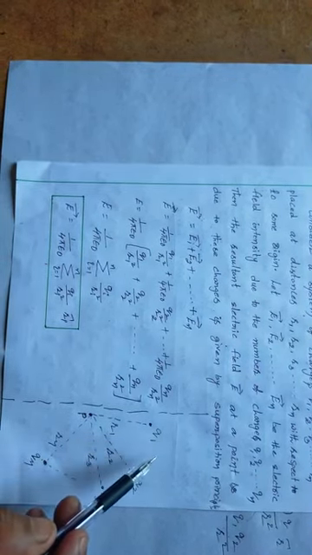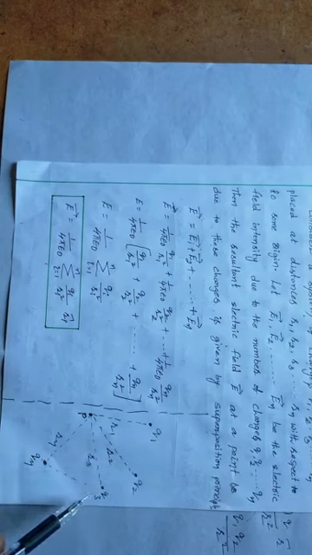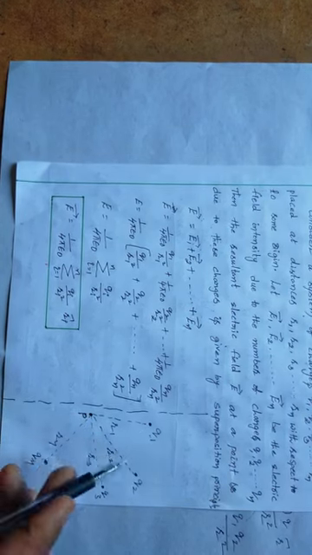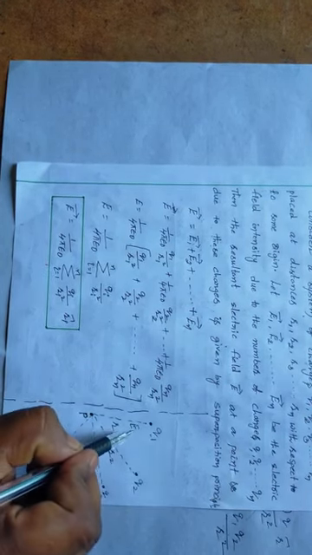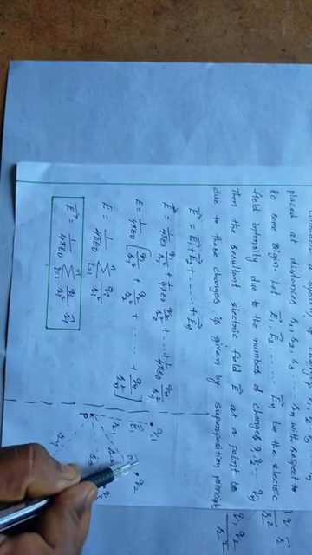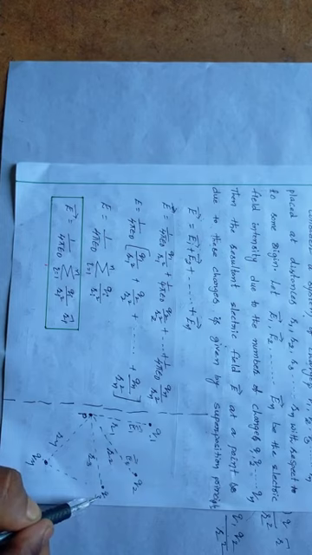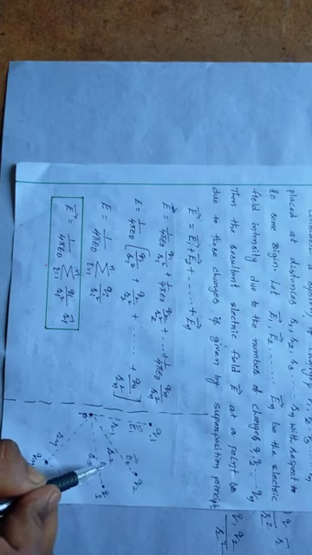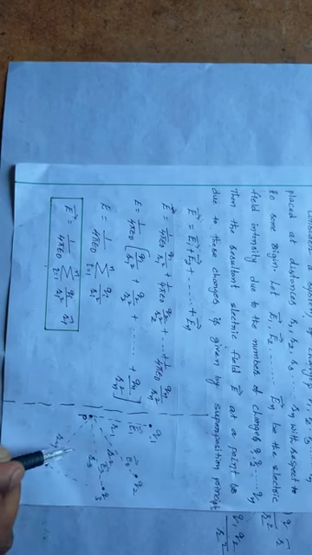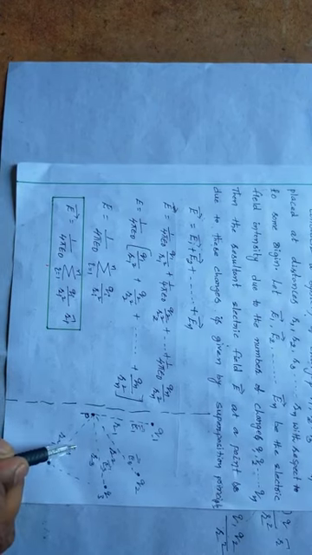You just look at here. Due to all these system of charges, we have to find out the electric field at this point. Now due to this charge, electric field is E1 bar. Due to this charge, electric field is E2 bar. Due to q3 charge, electric field is E3 bar. And due to qn charge, electric field is En bar.